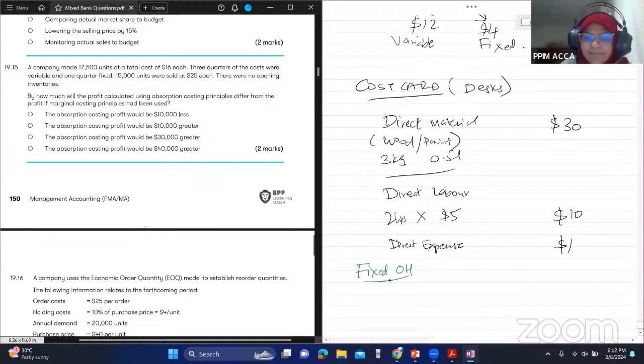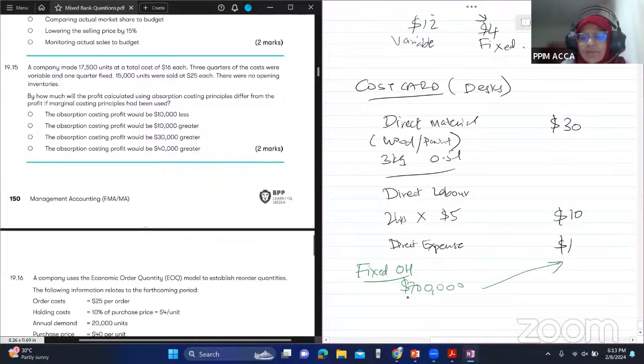Let's say we incurred overhead costs of 700,000 total, after we added the rent, the security guard salary, the electricity bill. Once we added everything, it was $700,000 total.